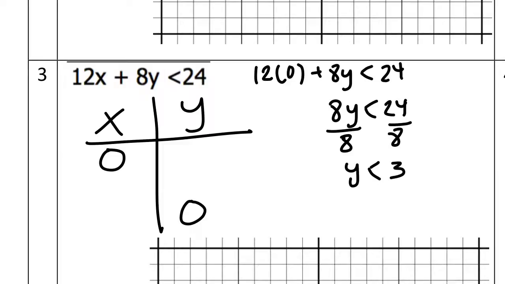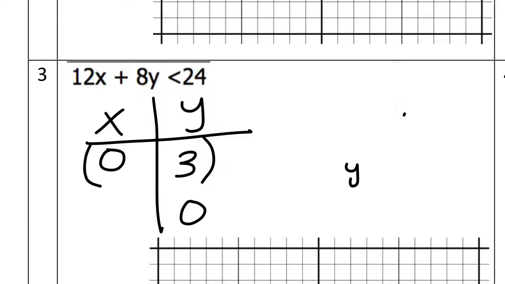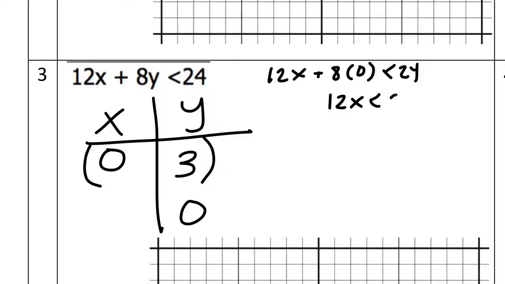Remember, when we're generating points, I'm pretending this is an equation, so I know that this would be the point 0, 3. Then I do the exact same thing by plugging in 0 for y. I'm going to have 12x plus 8 times 0 less than 24. 8 times 0 is 0, so I just have 12x less than 24.